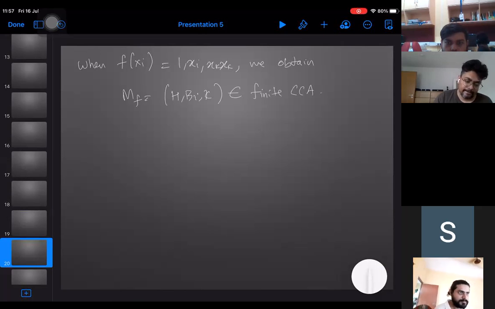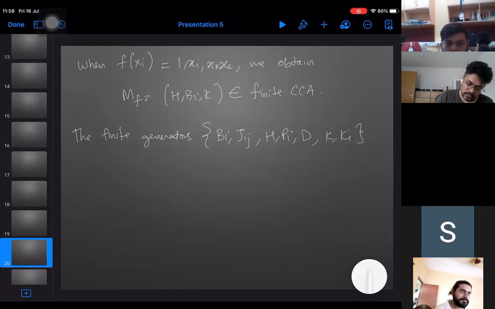So the finite generators, denoted by these, the boost, rotations, translation, scale transformation, and the special conformal transformation, along with M_f, where f is arbitrary, constitute the infinite dimensional CCA.